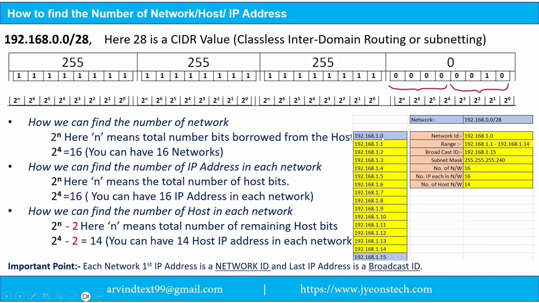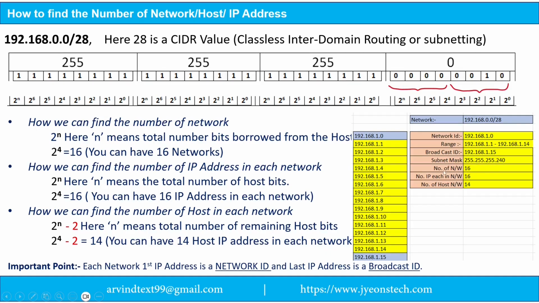And for the first network, as we already discussed, the first IP of the network is used for the network ID, and the last IP is used for the broadcast. So the network ID is this one, the first IP. We have the range of IP addresses, 192.168.0.1 written here up to the last usable IP, and this is the broadcast ID, the last IP. We have also found the subnet mask.